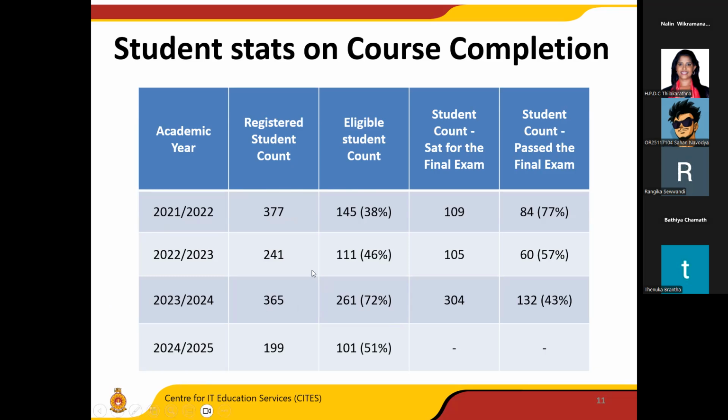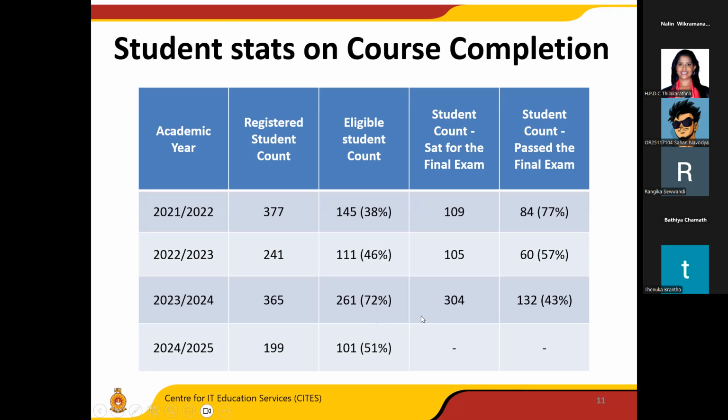In some years, you can see many students have registered. Although many students registered in this course, only a small percentage become eligible. For example, the eligibility percentages were 38%, 46, 72, and the recent year 51.